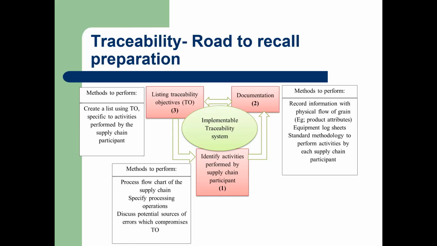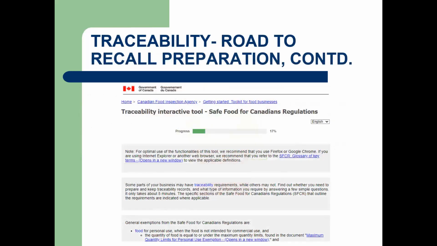So the first step is identifying activities, identifying events performed by each supply chain participant. And second is documentation, assigning relevant and necessary documents to each critical traceability event, and then listing different traceability objectives, like what objective goes for your organization. So this is another interactive tool which I thought was really useful.